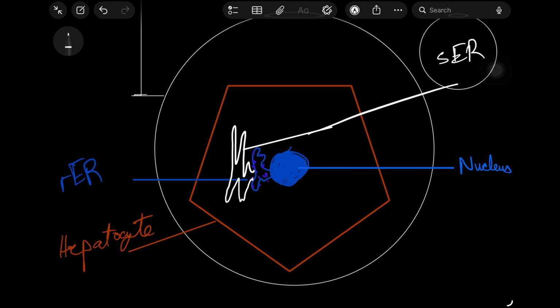Now, once these drugs are oxidized, like warfarin for instance, they become more water soluble and they often lose their effects. Or you can convert a prodrug into a drug in the body.